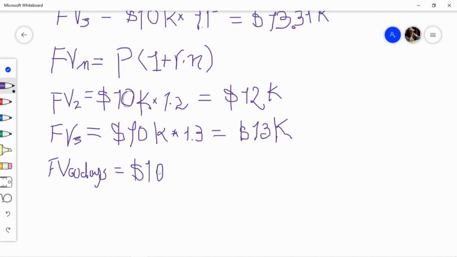Under the same scenario, all you need to do is 10K times (1 plus 10%), but because 10% is for the whole year, you must adjust it by 60 over 360.